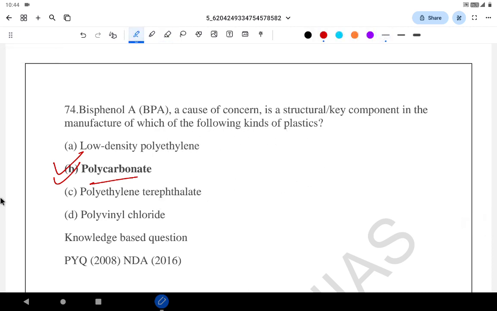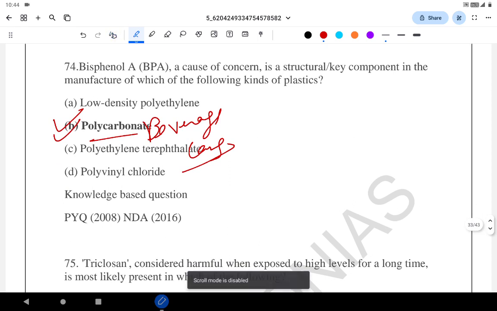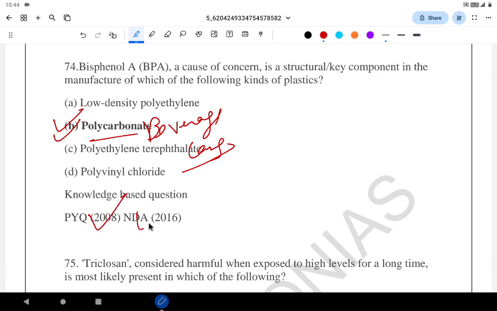The manufacturing of beverage cans or the food cans. Again, polycarbonate and bisphenol A were asked in PYQ 2008 and NDA 2016.